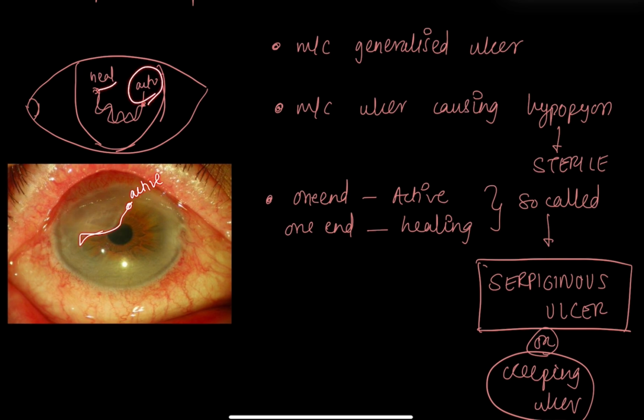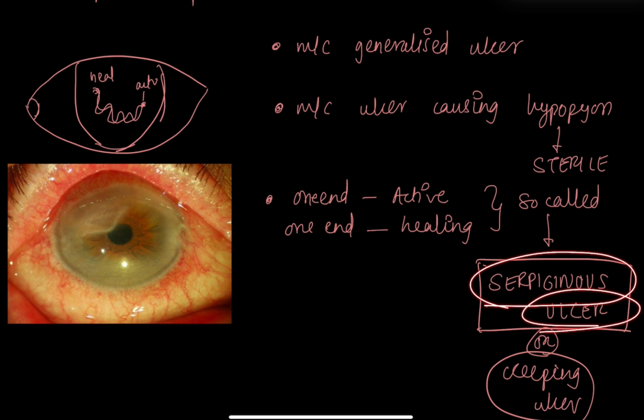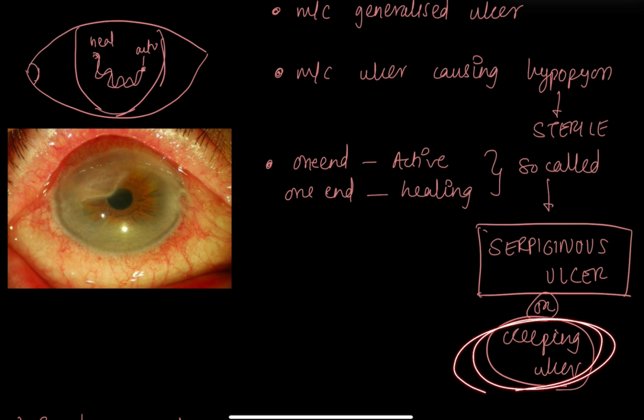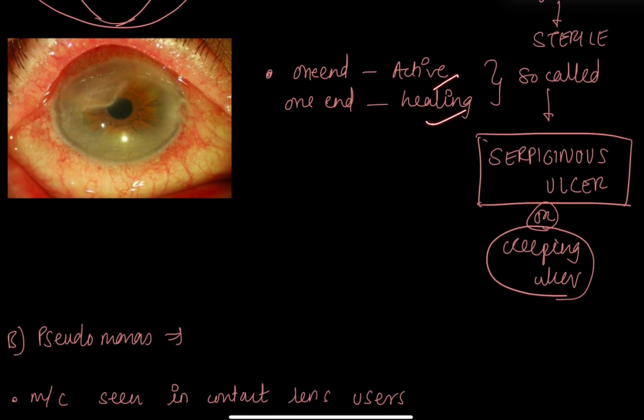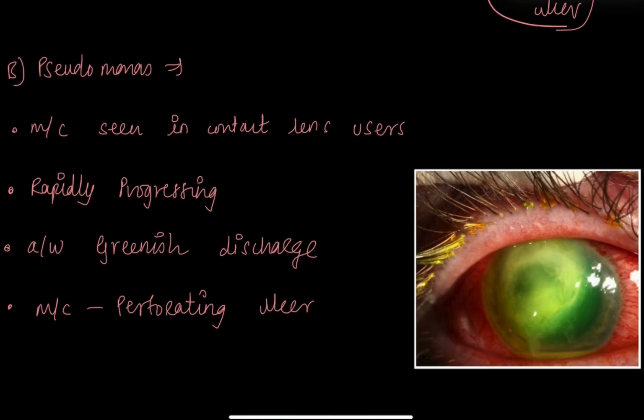That is why it's important to know it looks like a snake, so it is known as a serpiginous ulcer. Serpiginous, so it basically moves like this, it creeps, so it is also called a creeping ulcer. So the first is Streptococcus pneumoniae. One end is active, one end is healing, so it is called serpiginous.